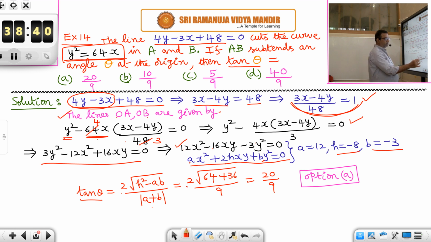So 2 into root of, put the values, h square 64, minus ab means plus 36, divided by a plus b, which is 12 minus 3, that is 9. So 2 into root 100, 10. So 2 into 10, 20 by 9. So tan theta is 20 by 9.